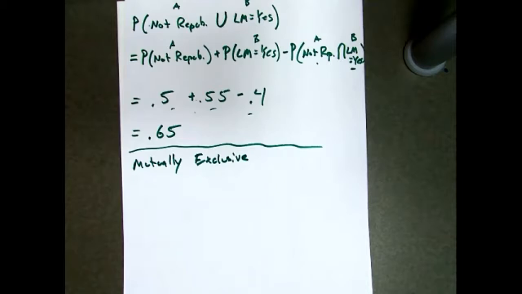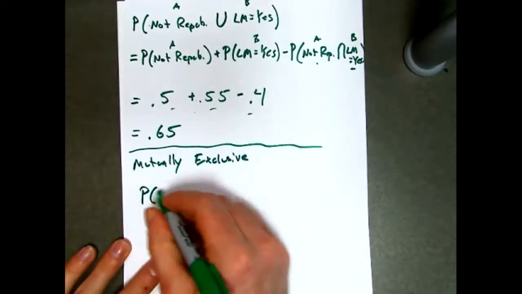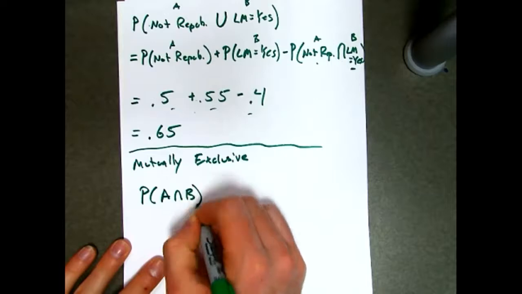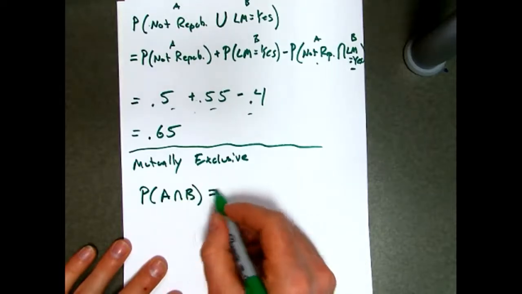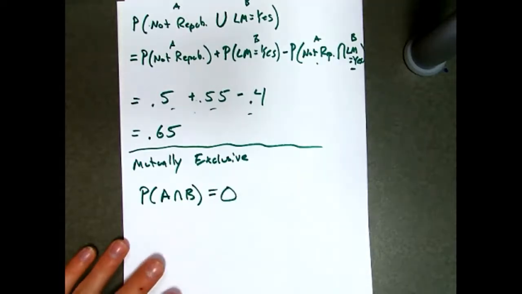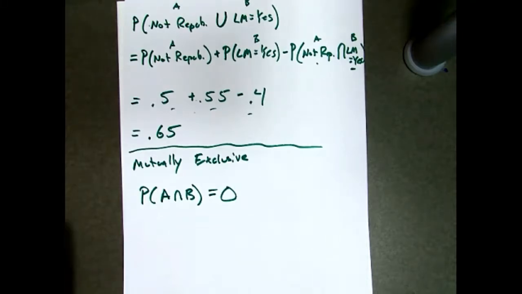They can't both happen at the same time, right? So the overlap of those two things is essentially non-existent. There is no overlap. So we would say that the intersection of these two events is equal to 0. That's all we have to say for the definition of mutually exclusive.